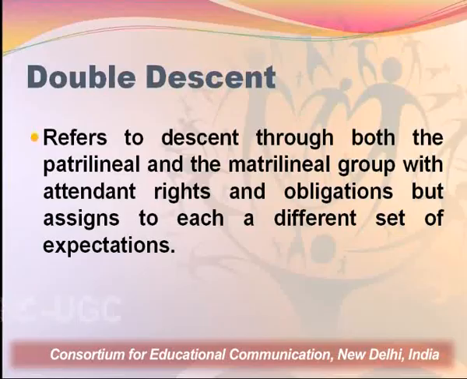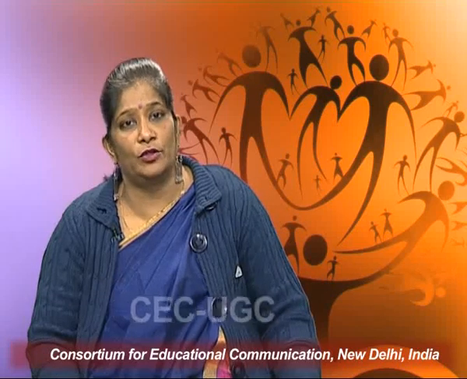That is, both the female and the male line are used for recognition of ancestry, inheritance and distribution of power and authority, and both lines become significant at the same time. For example, the inheritance of immovable property such as land may be the domain of the patrilineage, while the matrilineage controls the inheritance of movable objects such as livestock.